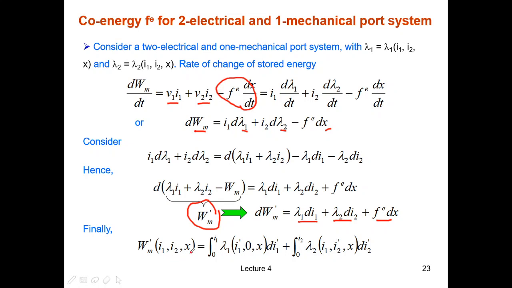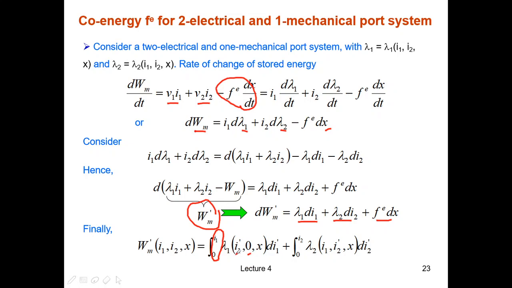And here it gets a little tricky. When you calculate the Wm dash here, remember that we need to find a special path. In this case, you can see that we go along the I1 axis, where I2 is 0, and then we calculate one component.